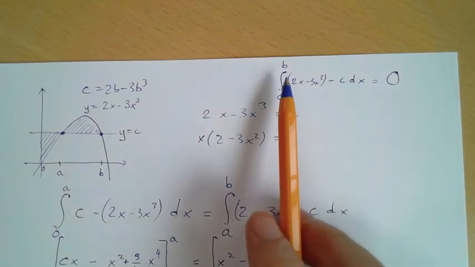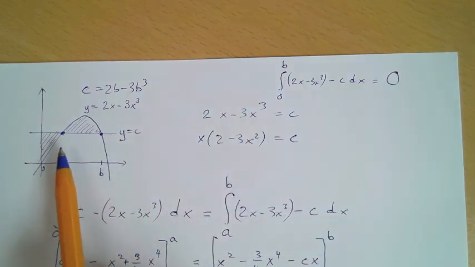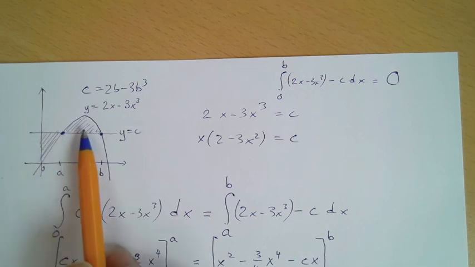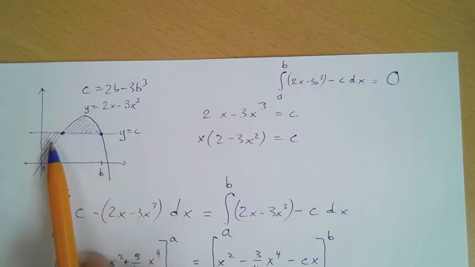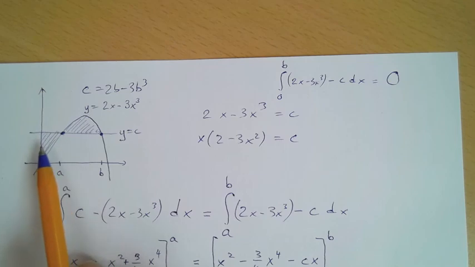If we go from 0 all the way to b, one of these is going to yield a positive value and one a negative value, but they will even out, and the sum of those two will be 0 when they are equal.